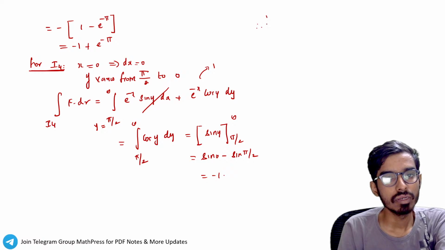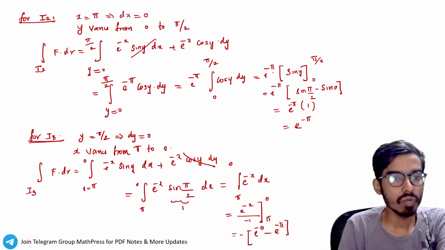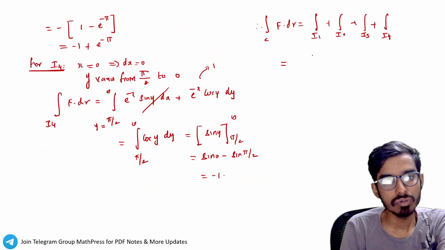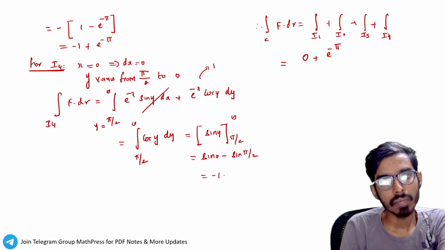So therefore, integral over c f dot dr is integral over I1, plus integral over I2, plus integral over I3, plus integral over I4. So I1 value is 0. I2 is e power minus pi. I3 is minus 1 plus e power minus pi, and I4 is minus 1, right?